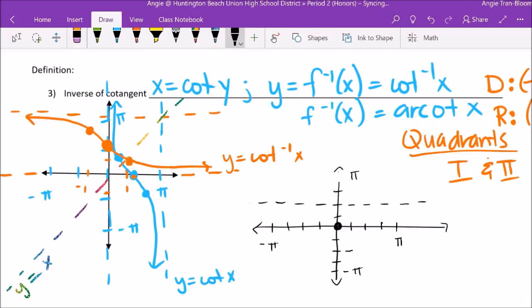Do you agree with Patrick? Yeah, yeah. If I put in 2 asymptotes, you guys will probably have a better picture.